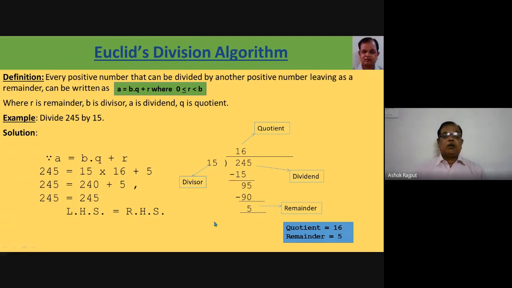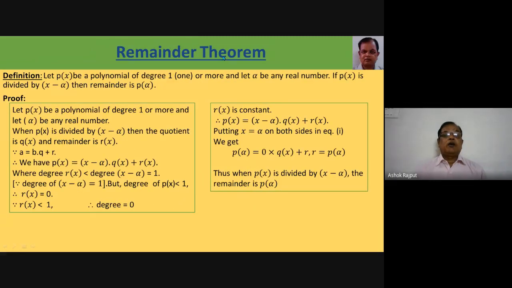Now we are going to the next topic, the remainder theorem. It is a very important theorem for factorization and for finding the remainder. Let P(x) be a polynomial of degree 1 or more and let alpha be any real number. If P(x) is divided by x minus alpha, then the remainder is P(alpha).